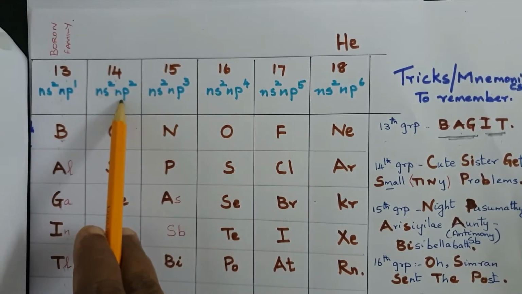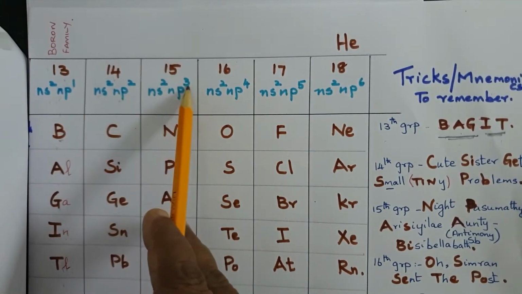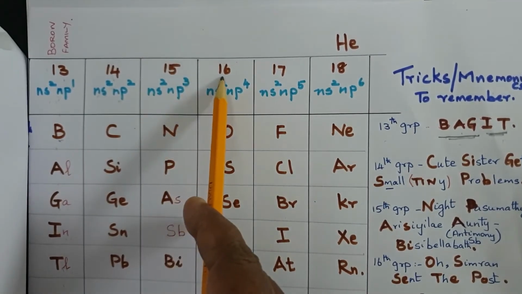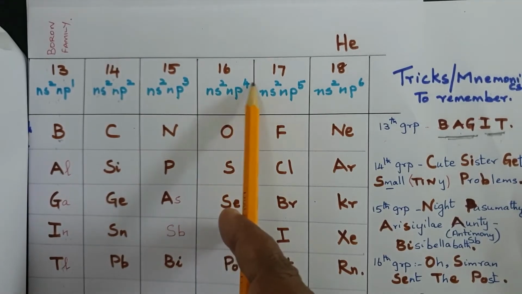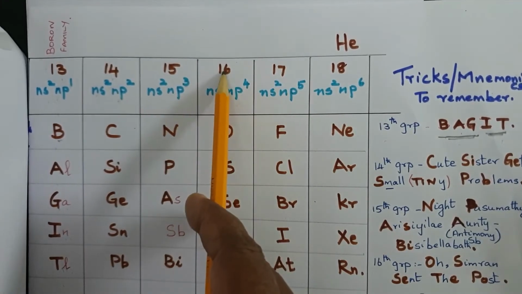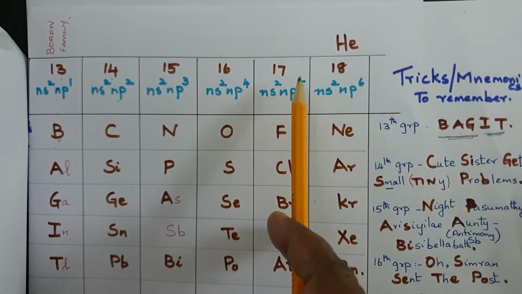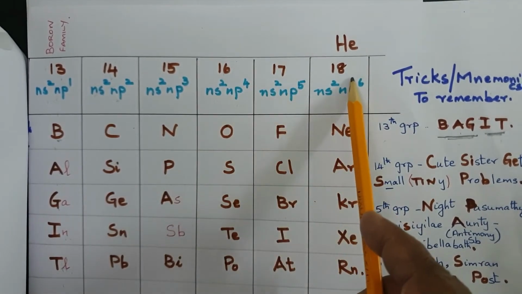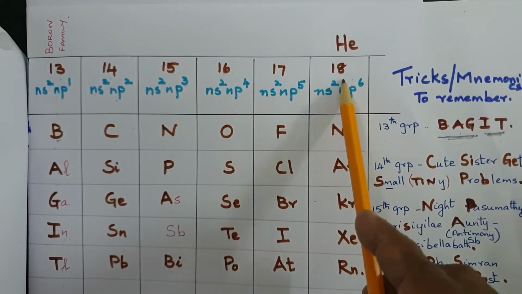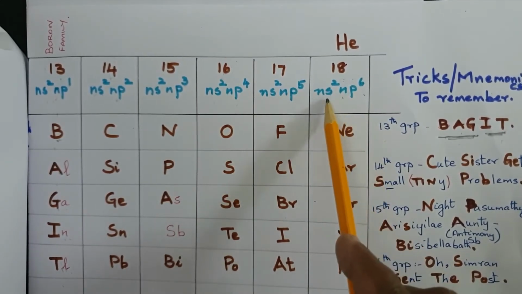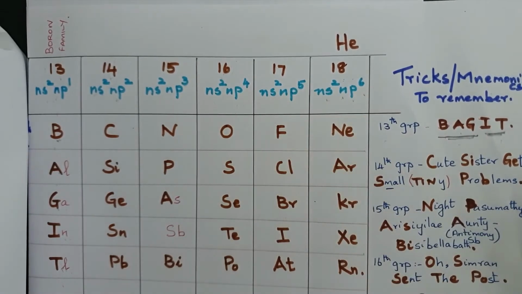Here n stands for the number of electrons in the outermost shell; for 5 electrons in the outermost shell, 15th group, ns2 np3. The 16th group is ns2 np4. Count these, 4 plus 2, you get the 6 which are present in the valence shell. 17th group is ns2 np5. And in the noble gases you will find the inert gas configuration, the stablest configuration, ns2 np6.